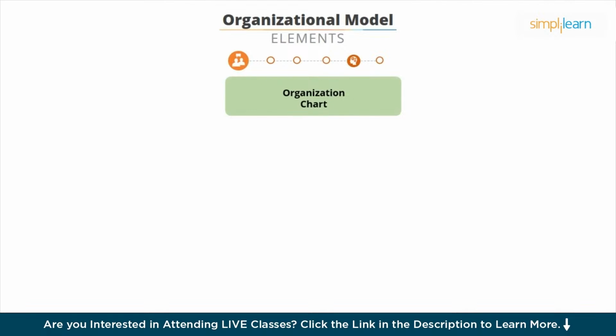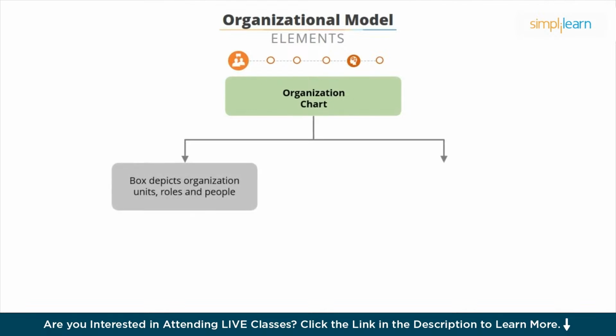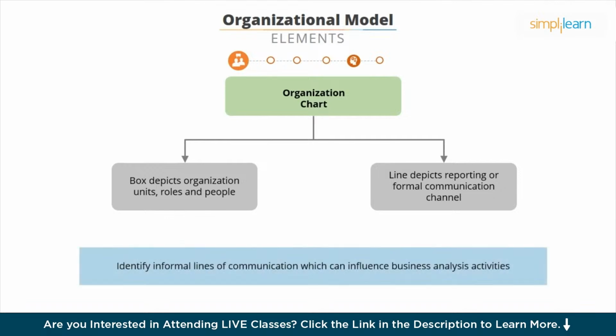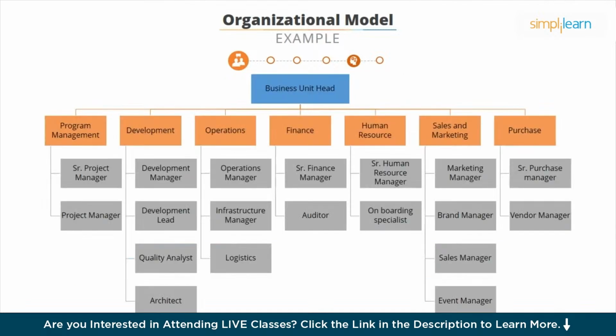Organization chart is used in the organization modeling using boxes depicting organization units, roles, and people, and a line depicting reporting or formal communication channel. Business analyst also needs to identify informal lines of communication which can influence business analysis activities. Let's see an example of an organization chart in the upcoming slide. Example of organizational modeling: functionally oriented, which shows reporting structure and formal line of communication.